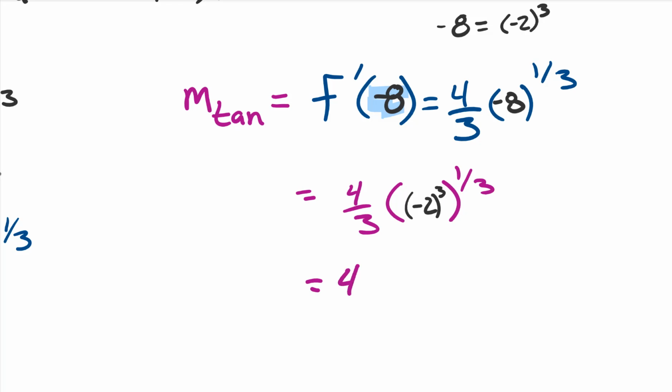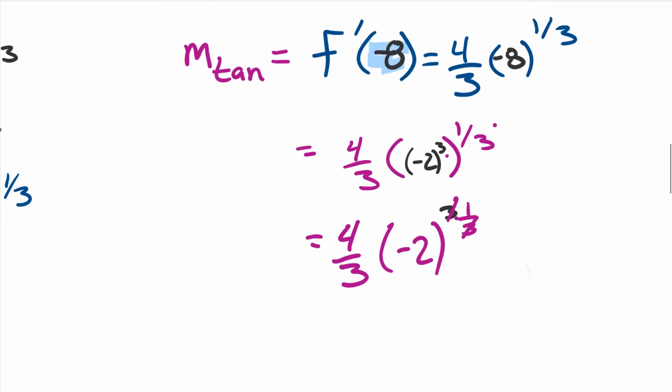We have -2 to the 3 and then to the 1/3, an exponent raised to an exponent outside of a parenthesis, not a tower. We multiply the exponents, 3 times 1/3, so they cancel out and create a 1.